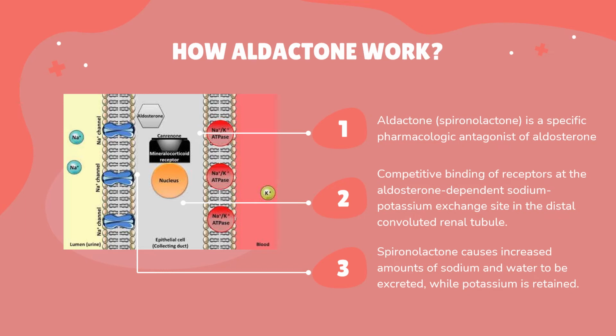Spironolactone causes increased amounts of sodium and water to be excreted, while potassium is retained. Spironolactone acts both as a diuretic and as an antihypertensive drug by this mechanism. It may be given alone or with other diuretic agents that act more proximally in the renal tubule.